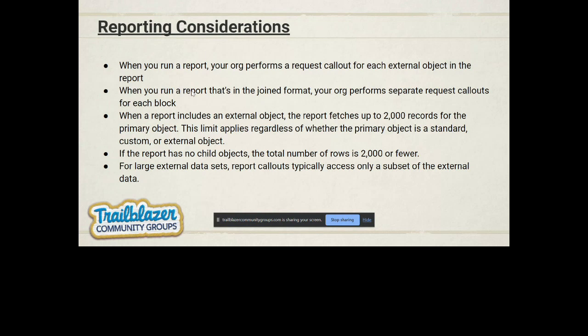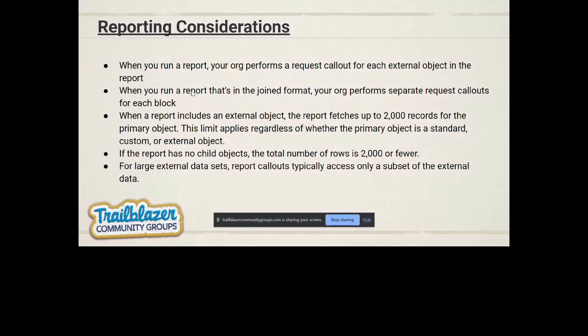When a report includes external objects, the report fetches up to 2000 records for the primary object. This limit applies regardless of whether the primary object is standard, custom, or external. So there's a limit of 2000 records that you can fetch, and that is that. And as is true for all callouts for external objects, report callouts are limited by the Salesforce Connect adapters in use. Salesforce Connect goes hand in hand with external objects, and so most of the limitations are dependent on Salesforce Connect.